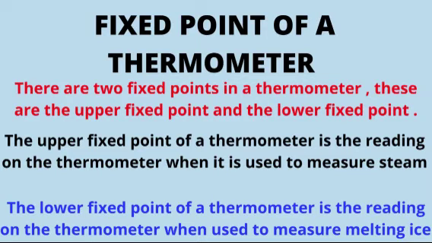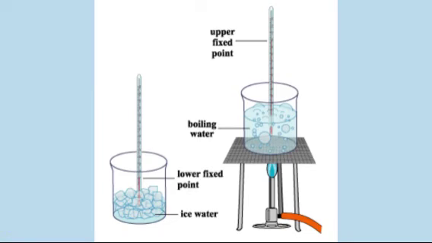For the Kelvin scale, it is 273 Kelvin. And then the upper fixed point is used to measure steam. For the Celsius scale, it is 100 degrees Celsius. For the Kelvin scale, it is 373 Kelvin. This is an example of what the upper and lower fixed points are. The upper fixed point was used to measure boiling water at the point where it is converted to steam, and the lower fixed point was used to measure melting ice.